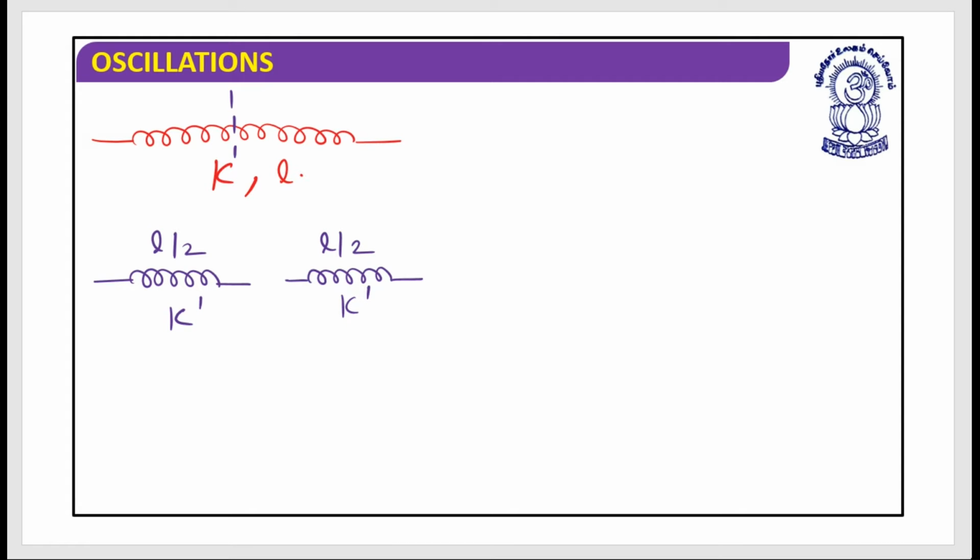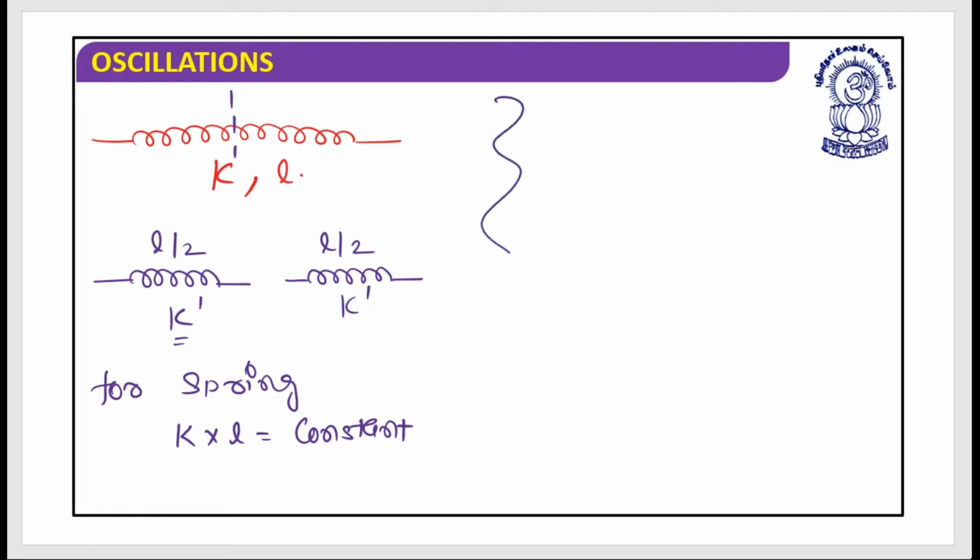We need to find the value of k dash. For any spring, please keep in mind, k into L is constant. If it is constant, then k1 L1 is equal to k2 L2.